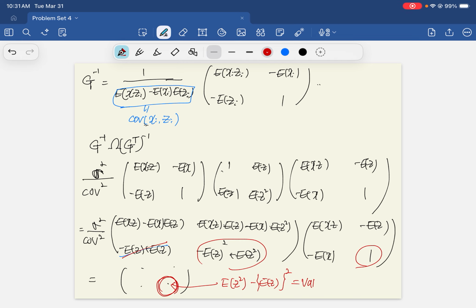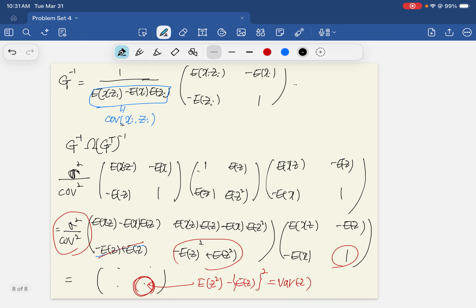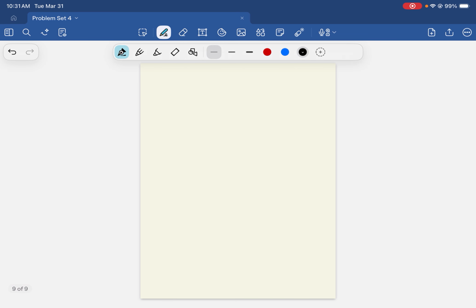That is variance of z, right? It is interesting, right? So as a result, combining also this part, we just found that the asymptotic variance of beta hat is sigma squared over covariance of x and z squared times variance of z.